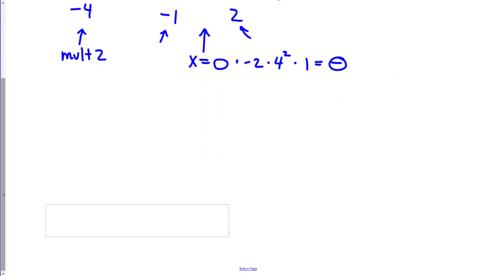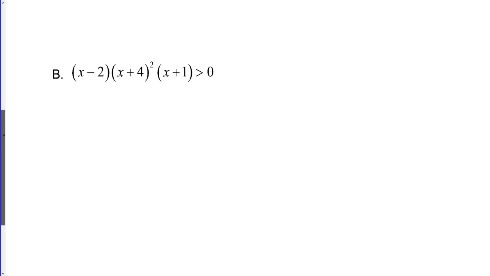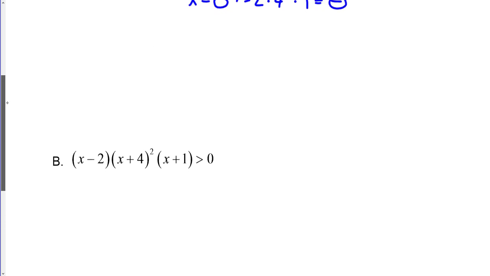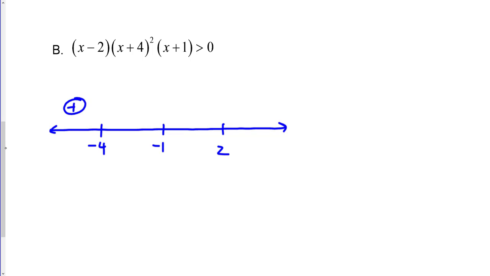Let's say we have the same problem, but instead we want to do only where this is greater than 0. So I'm going to just copy the same sign chart down. So -4, -1, and 2. And we had positive, positive, negative, and positive.